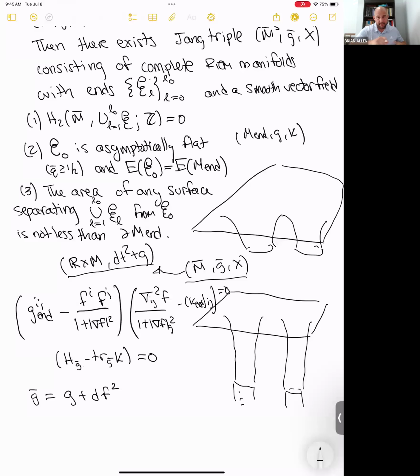And it's not obvious, but there's a heuristic reason that when you start with something where H plus or minus trace of K is 0, remember the boundary of this end is such that H plus or minus trace K is equal to 0.